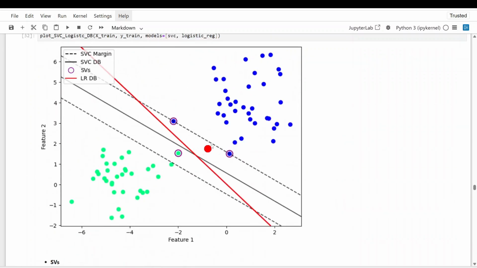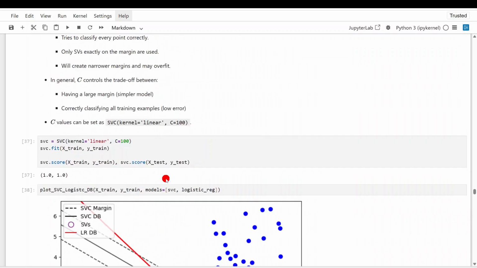Initially, when C is 1, the separating hyperplane for the green points is here. But when you change C to 100, this line is attracted towards this point. Therefore, this support vector lies on the hyperplane that stands for the green points.